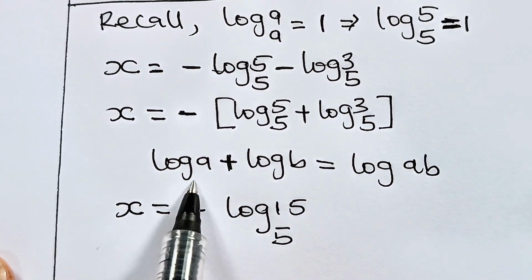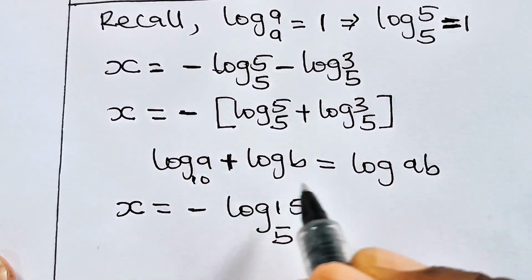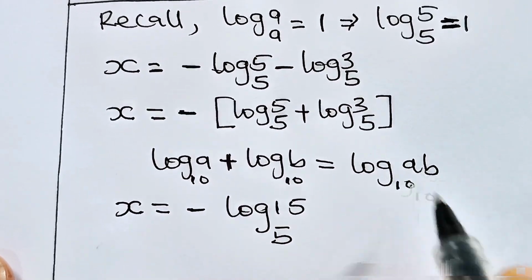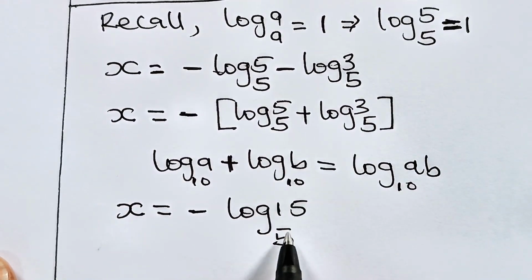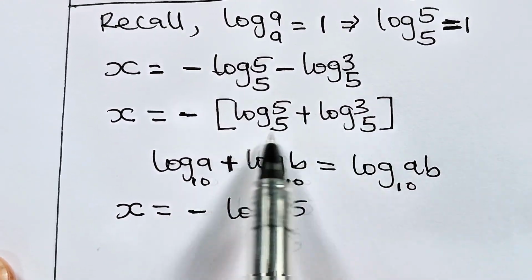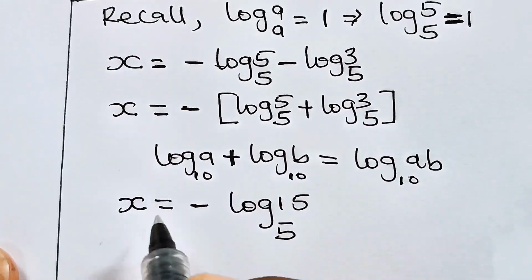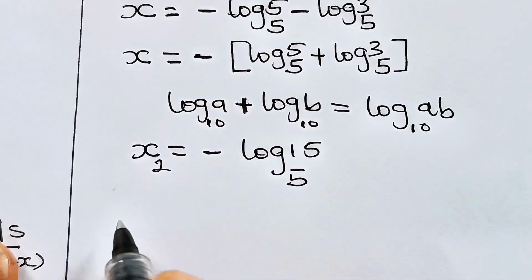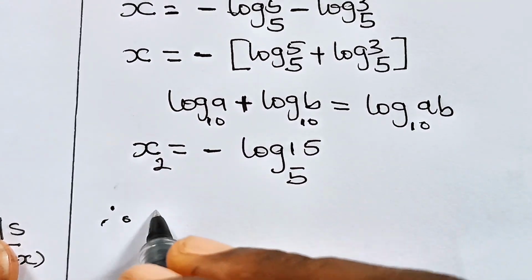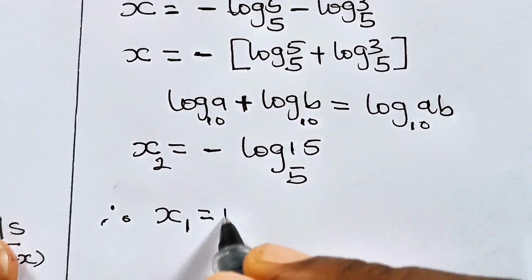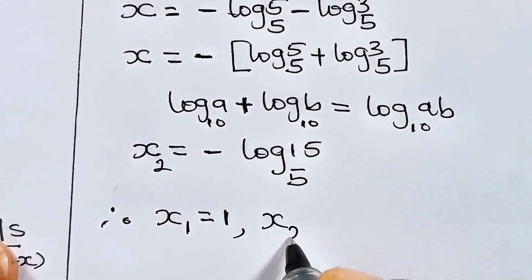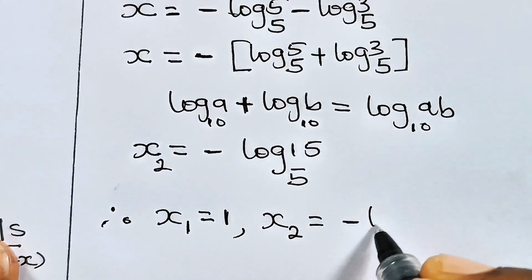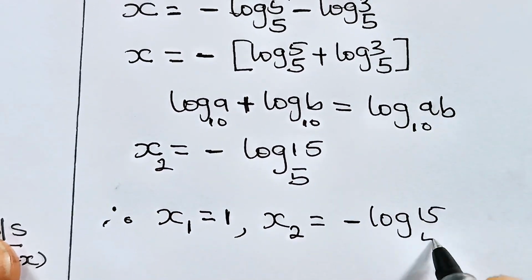This one, since the base is not specified, means this is base 10, this is base 10, so the answer is also in base 10. So your answer should also be in the same base with the normal base they have. So this is the second value of x. Therefore, our x1 is equal to 1, and another value of x is minus log 15 base 5.